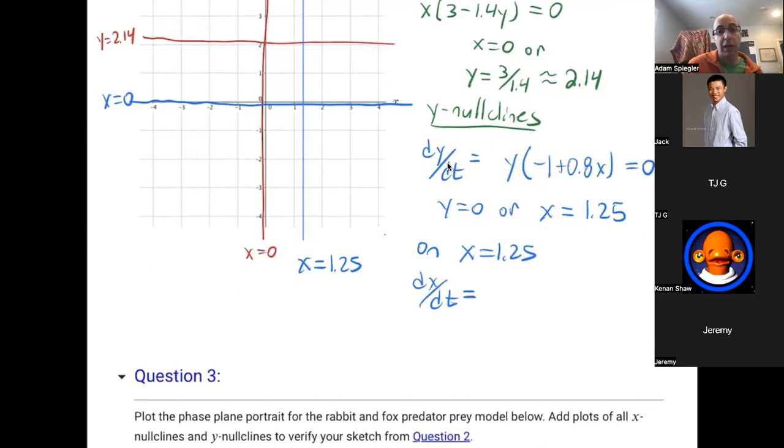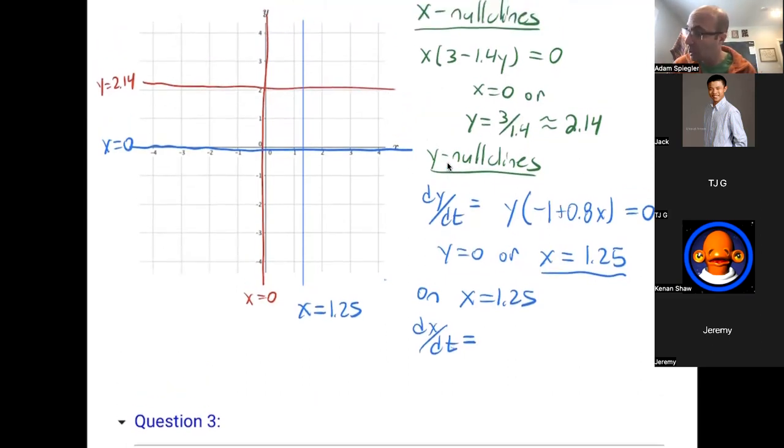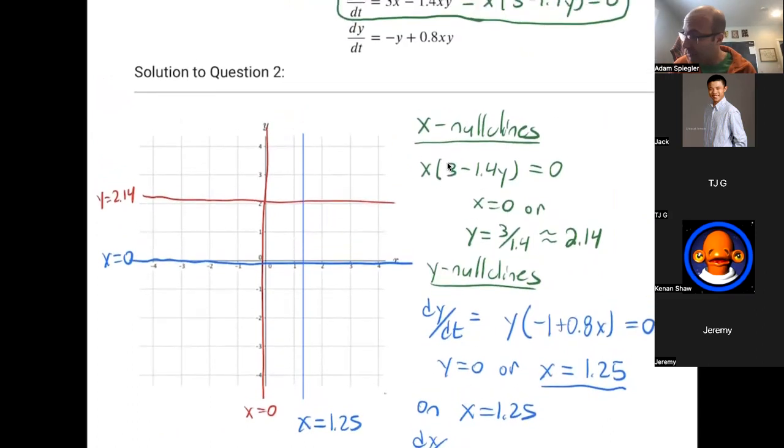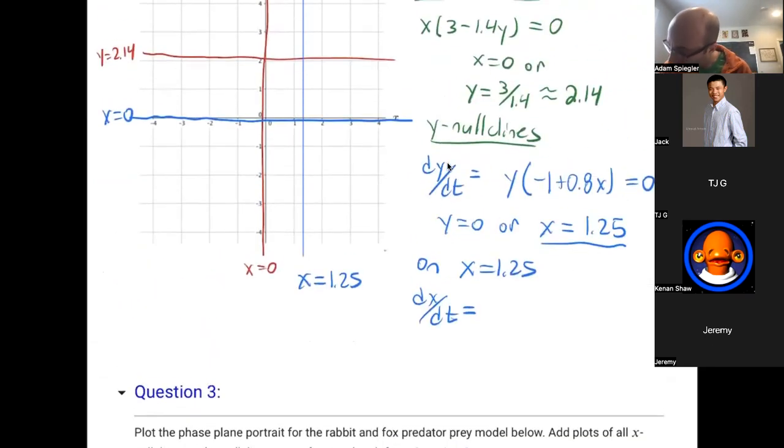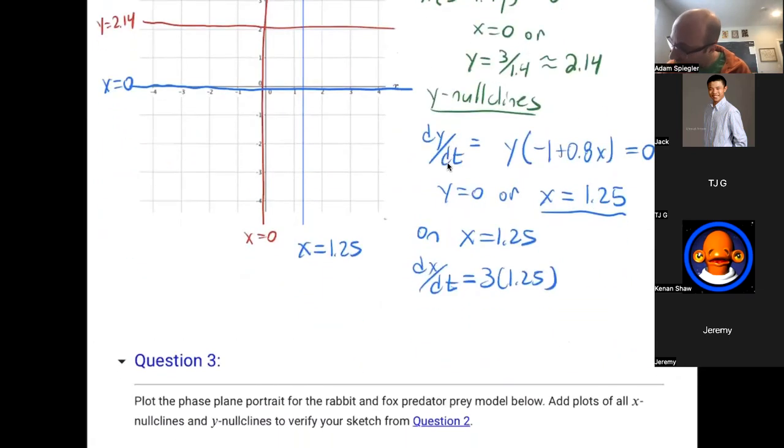So then in order to determine the directions, if I just take this y-nullcline that we just found, it has no y direction. So we want to figure out which way does it point in the x direction. I take my condition that I found for x and I plug it into the equation for dx dt. So I've got 3 times 1.25 minus 1.4 times 1.25 times y.